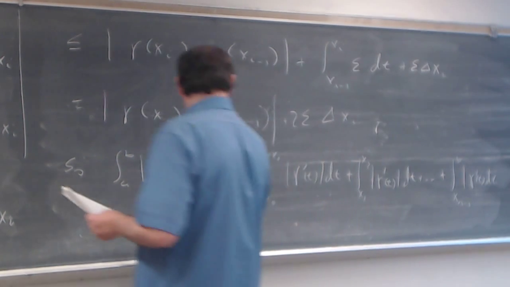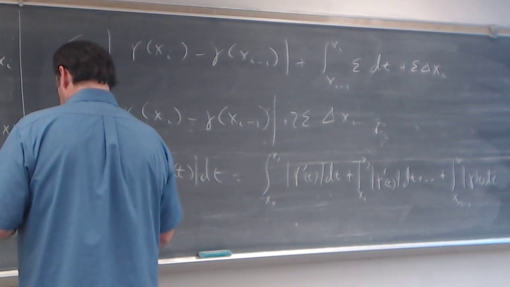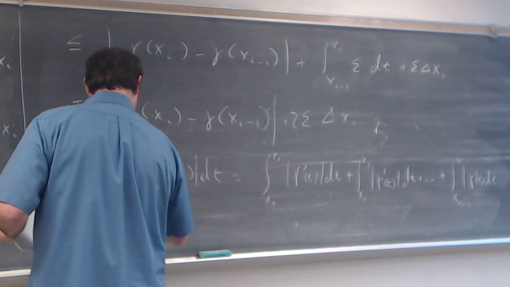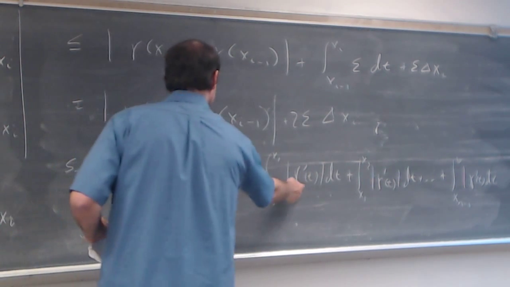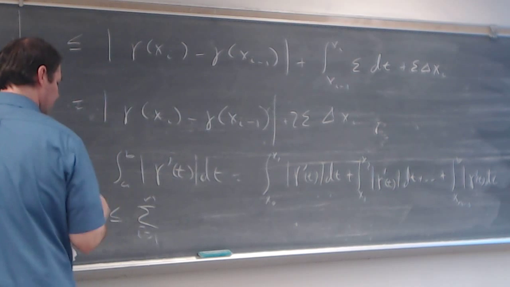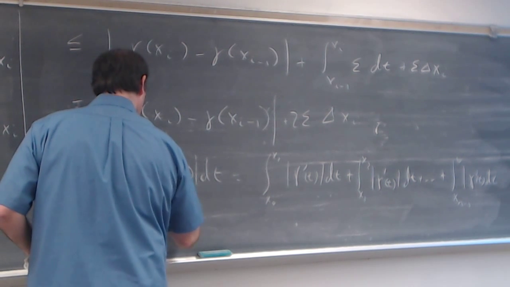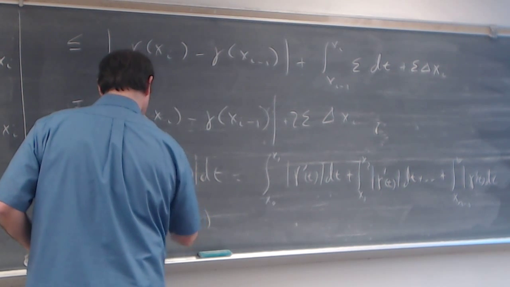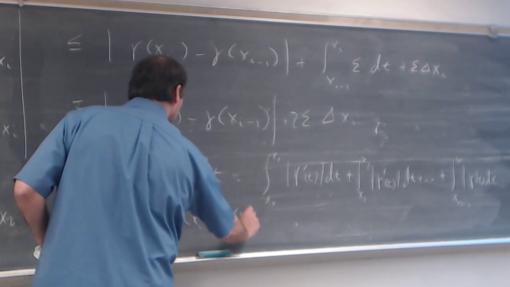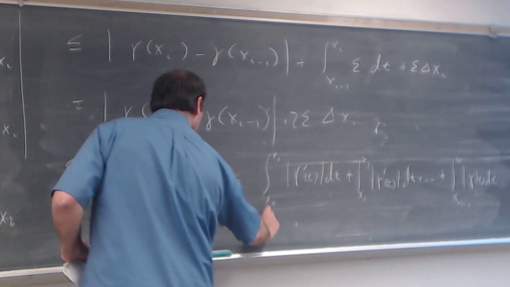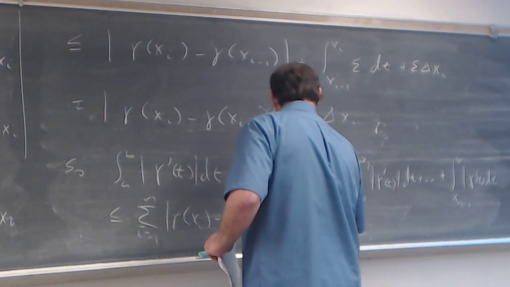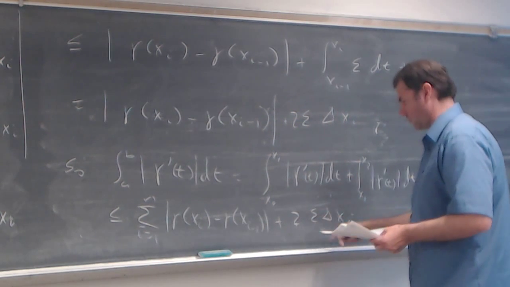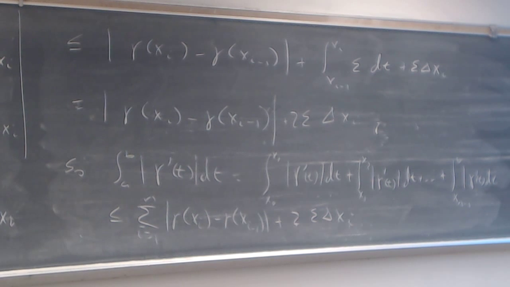That will be less than or equal to the sum. So as I run from 1 to n, for each one of these quantities I can replace it by what's written right here, which is the norm of gamma of x sub i minus gamma of x sub i minus 1, plus 2 times epsilon delta x sub i, which we can break into its own sum as well.